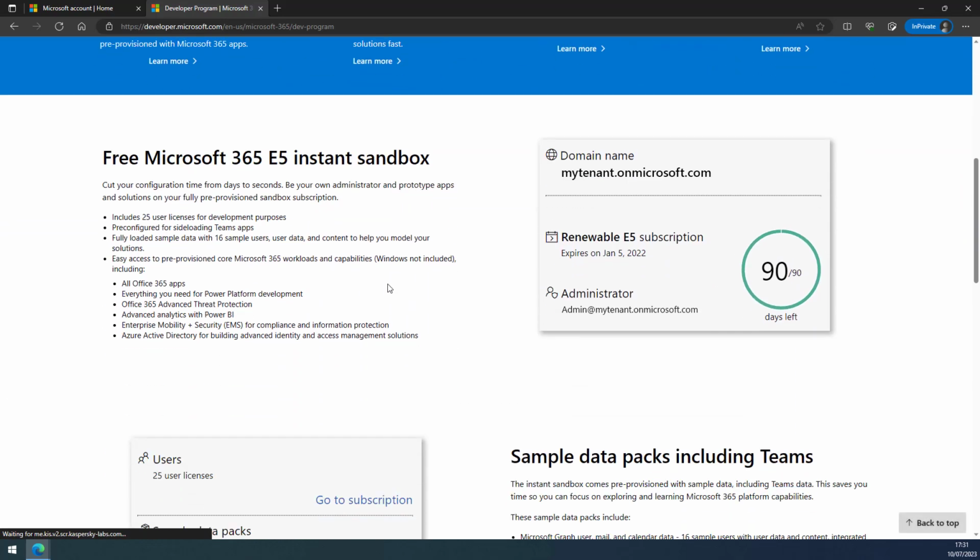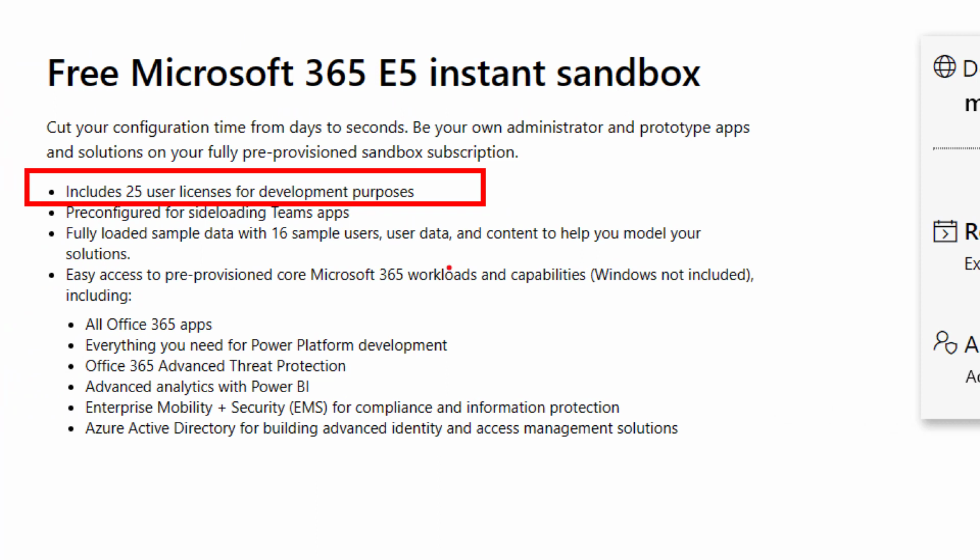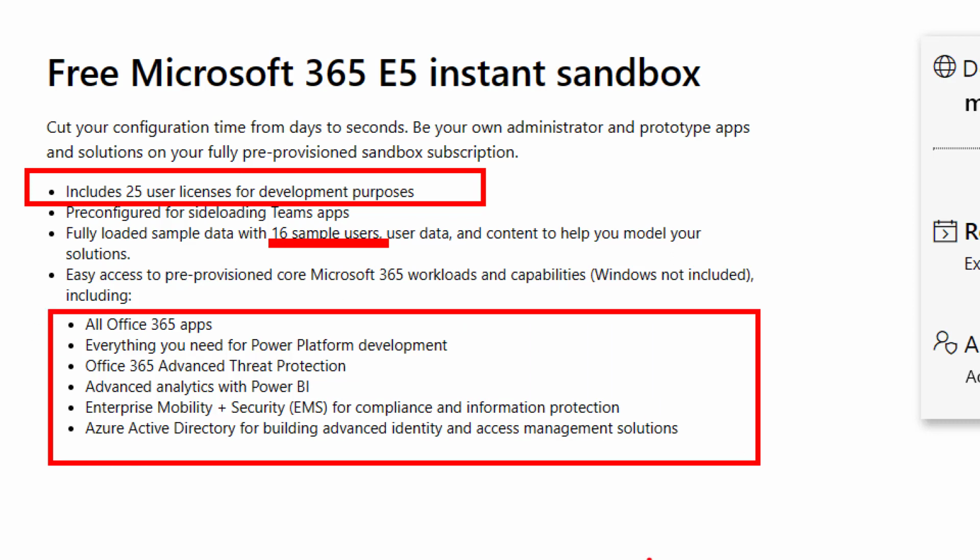And what is included in this plan? This includes 25 user licenses. So you can have 25 users. You can create users that are going to simulate interaction. For example, there is sample data, like 16 users with sample data, and it includes Office 365 apps, everything you need for Power Platform development.